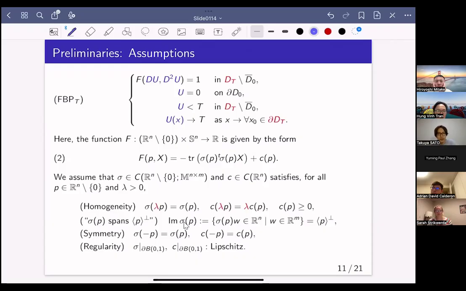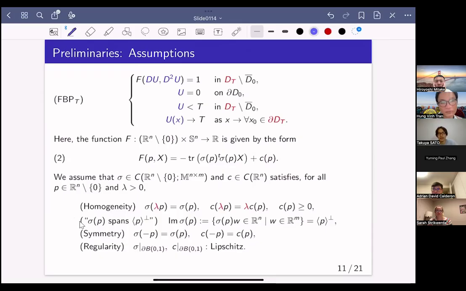And the third condition means that the roof shape determined by sigma and the roof shape determined by c are also symmetric about the origin.